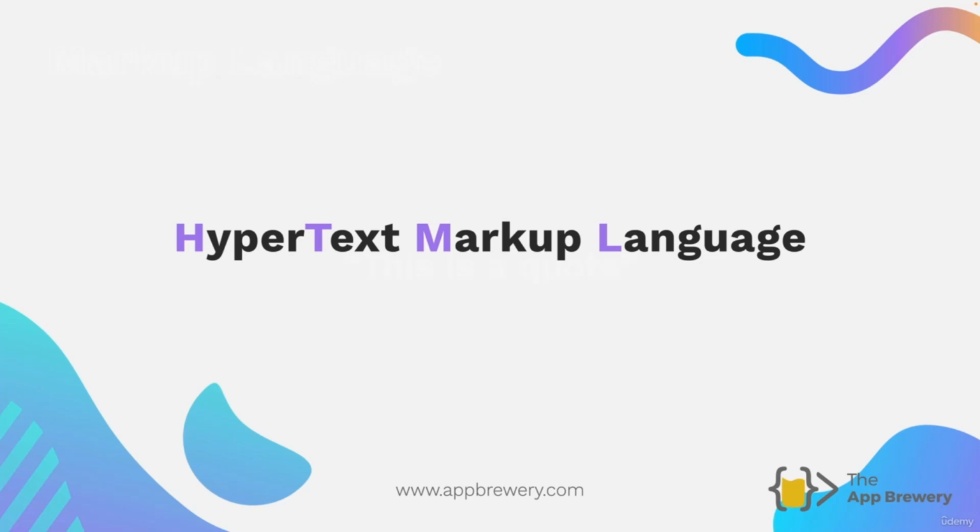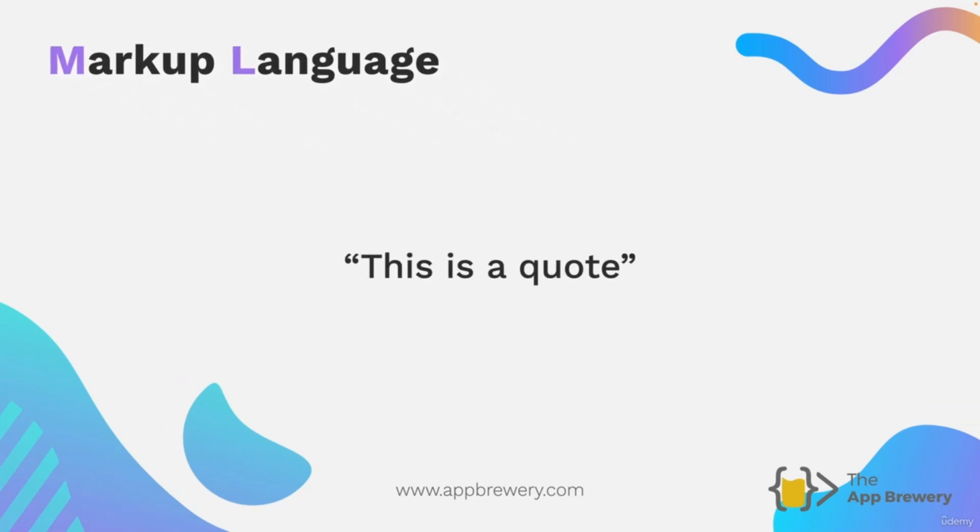So now that we know what hypertext is, what about the other part, the markup language? What is a markup language? If you look at the English language, we often see little bits that function very similar to markup, like these double quotes. The presence of these quotation marks is what tells a reader that this part is a quotation.